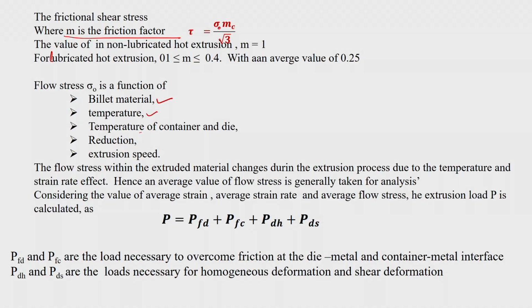And similarly, the temperature of the container and the die also matters, because your billet may be at a higher temperature and the container temperature is lower, then there will be sudden cooling when the billet comes in contact with the extrusion container. So, you will find that the flow stress changes, and due to that cooling, outside surface temperature may be low, but inside temperature may be high.